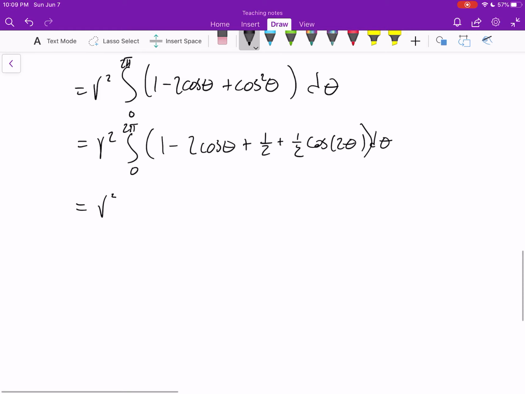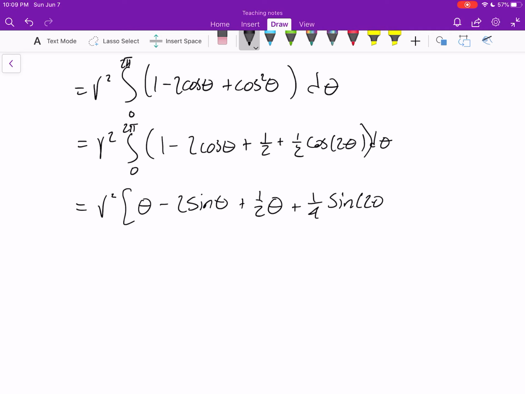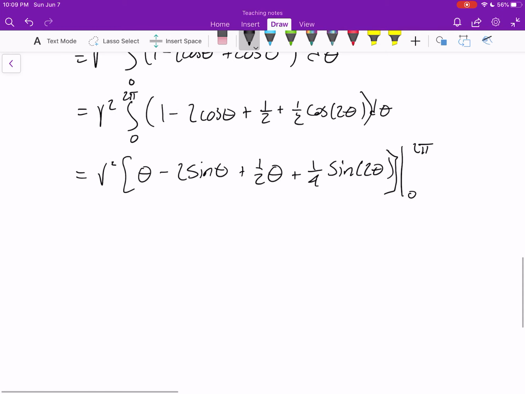This is r squared times theta minus 2 sine theta, because I'm integrating, plus 1/2 theta plus 1/4 sine of 2 theta, evaluated from 0 to 2 pi. So it's r squared times 2 pi minus sine of 2 pi, so that's 0, plus 1/2 times 2 pi.